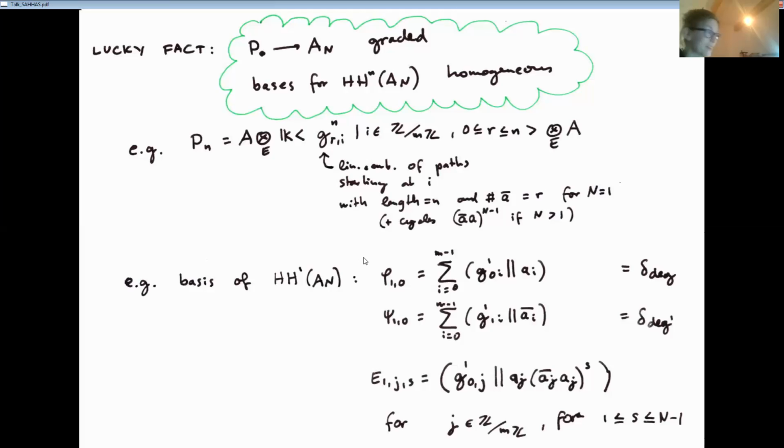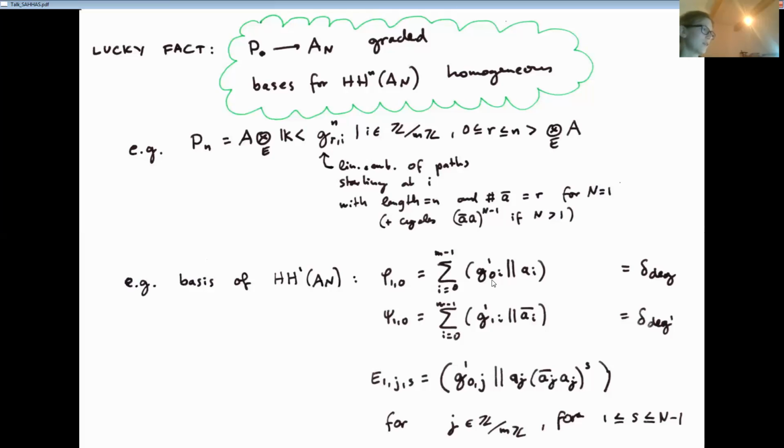But they were brave, and they did, and they came up, for example, with a basis for the first Hochschild cohomology given by elements that take one of these generators, for n equal to 1, and map such a generator attached at I to the arrow AI.